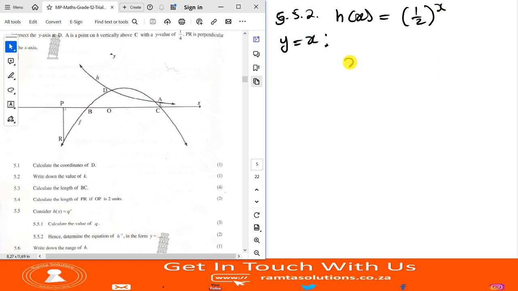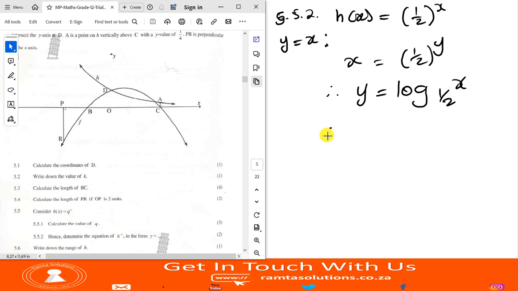It means X equals half to the Y. Therefore, this means Y is equal to log X base half, right? This is what H inverse of X is.